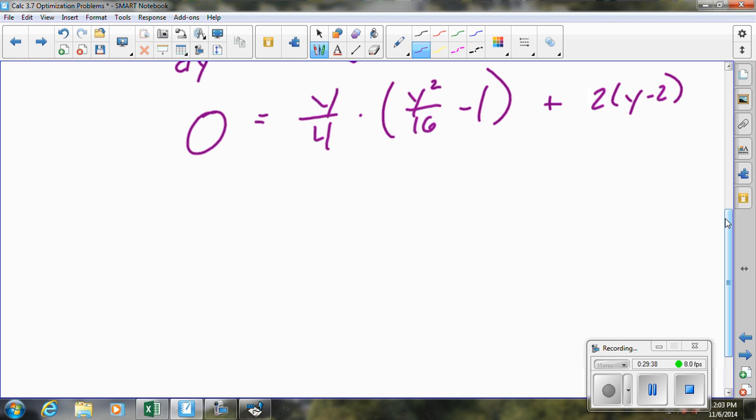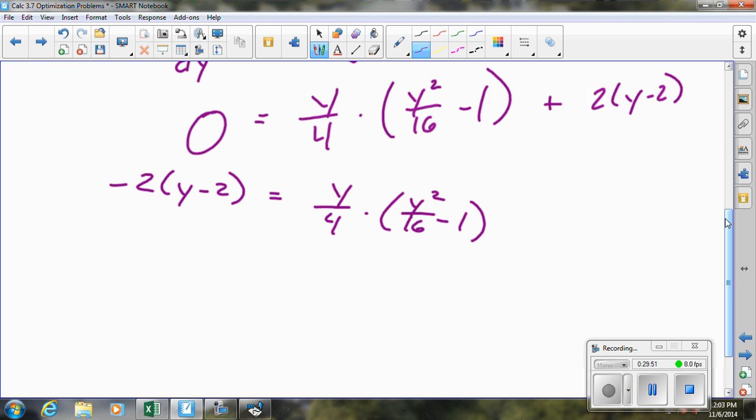But when we solve this, we would have negative 2y minus 2 equals y over 4 times (y squared over 16 minus 1). So distribute across, negative 2y plus 4 equals y over 4 times (y squared over 16 minus 1).